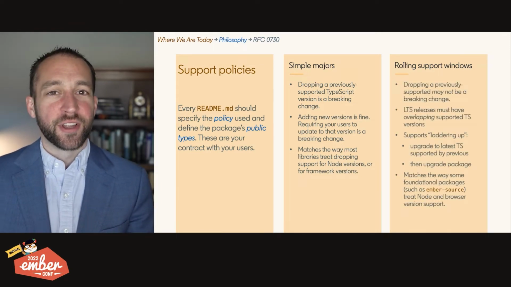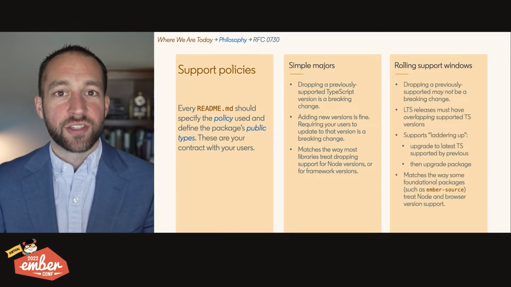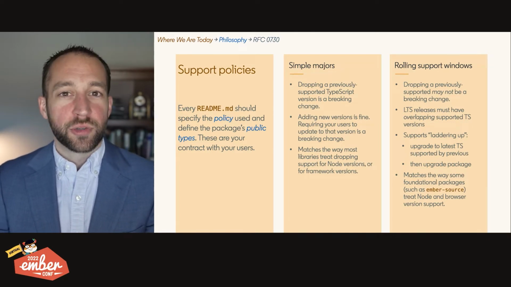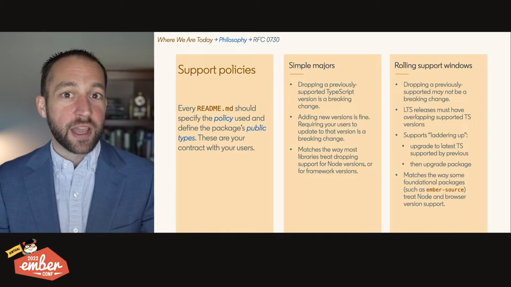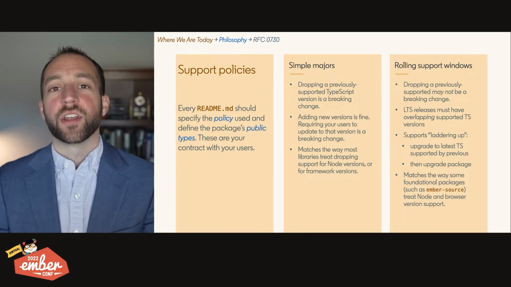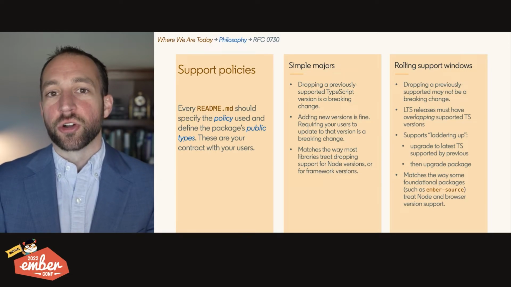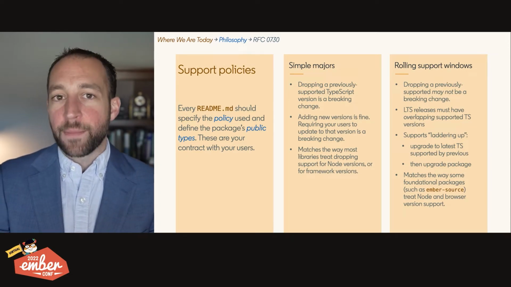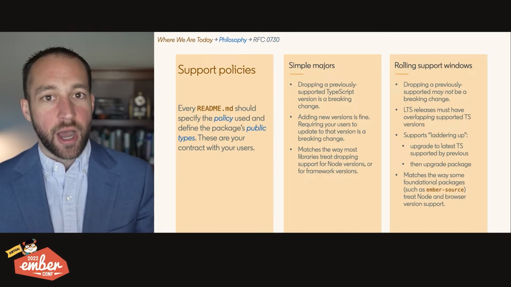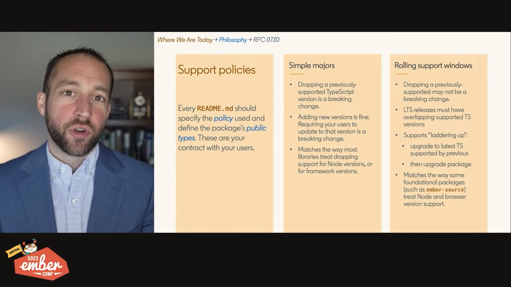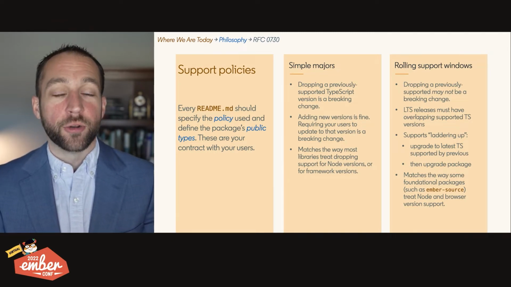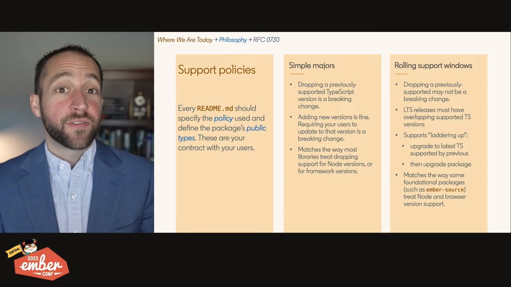The other policy is a little more complicated. Things aren't necessarily breaking just because they drop a previously supported TypeScript version. Instead, long-term support releases, whether you have that formally like Ember does, or it's just an informal thing that you don't make breaking changes very often, need to make sure that they have overlapping supported TypeScript versions, because this allows people to ladder up. That is, they can always upgrade to the latest supported TypeScript version on your library without having to upgrade your library, and vice versa.